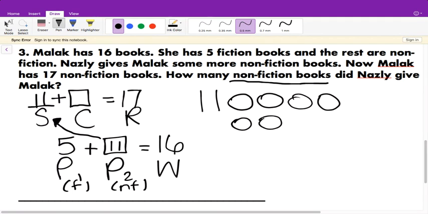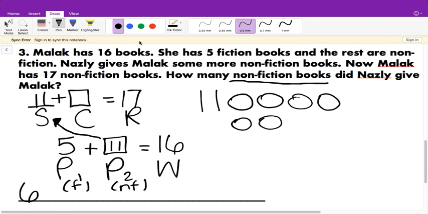And I'm going to count one more time to double check my work. 11, 12, 13, 14, 15, 16, 17. Okay, I did it all the way to 17. Now I can count my circles, which I have 4 plus 2 more is 6. So our answer is 6.